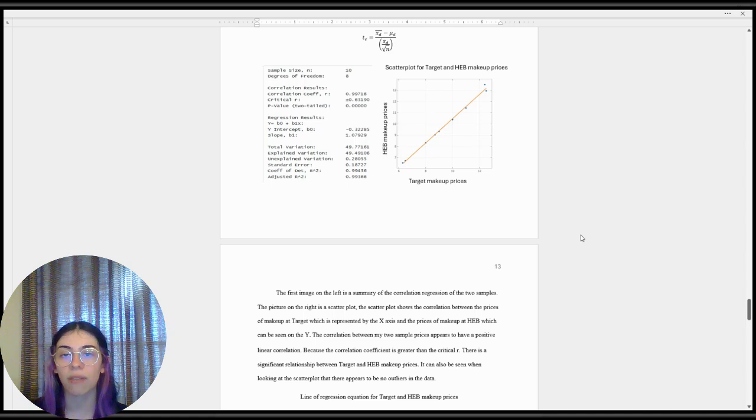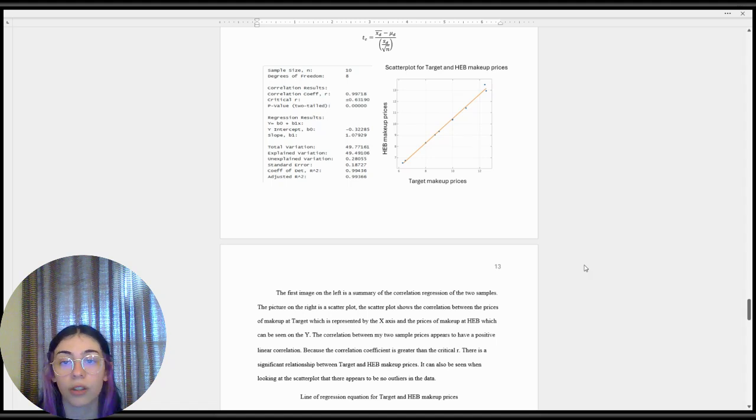So on the left, we have all of our correlation results. And on the right, we have our scatter plot. When looking at the scatter plot, we can tell that there is a positive linear correlation between Target and HEB makeup prices because they stick to the line very well, and there are no outliers in this data.